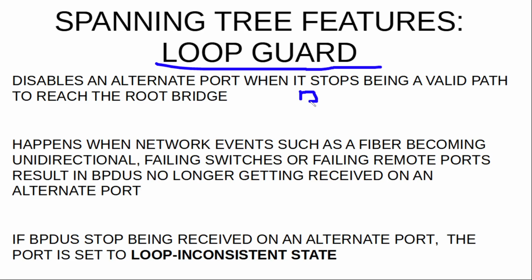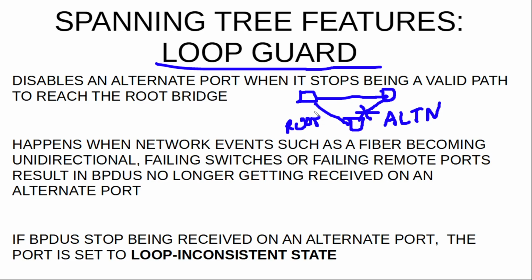So remember that you have this topology with 2 distribution switches and 1 access switch, and this port can be set into discarding state, and it becomes the alternate role. You have a root port where traffic is coming and going, and you have this alternate port.